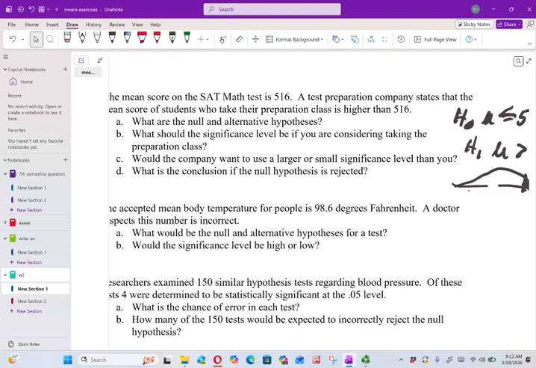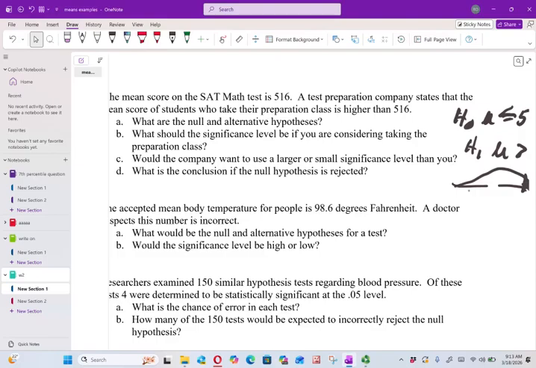If you fail to reject the null hypothesis, you would want a significance level that was very small, like 0.01. What does the company want for their significance level? They want to be able to say, yes, our company test works.